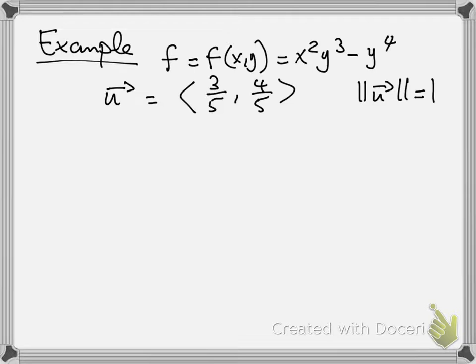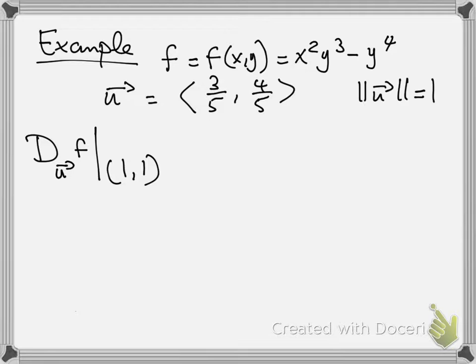Okay, so let's do this. What will be the directional derivative? Let's say the question here: what's the directional derivative of f in the direction of vector u at the point (1, 1)?